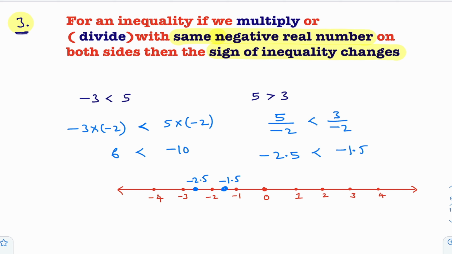I hope you are understanding, right? So this third rule is very, very important. You just do a little bit of practice. I'll give some examples also. You practice those inequalities, then you will get clarity about these rules.